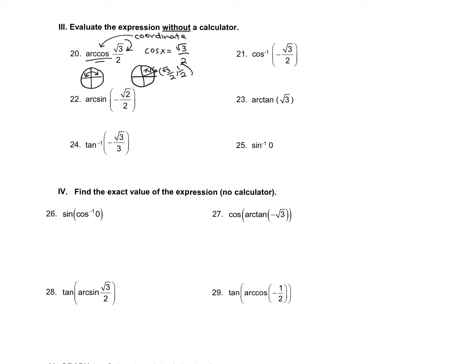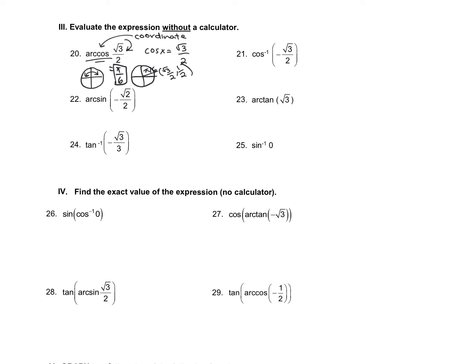Normally there's a second coordinate on the lower part of the unit circle, but that is not allowed because that's in the no-go region. We're not allowed to go there, at least for arc cosine. And since pi over 6 is the only answer that works, our answer is pi over 6. It might be a little confusing at first, but we'll go over a couple other problems as well.